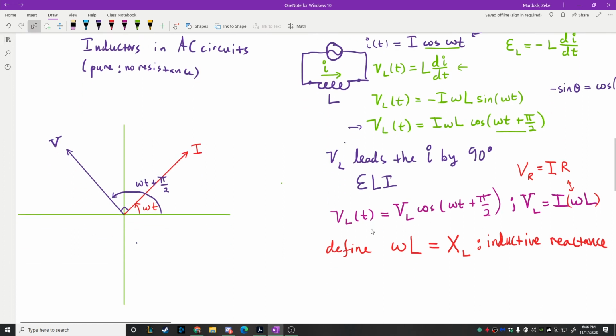This is something really important to remember. This is our first equation that we're getting at. This is something that's new here. Inductive reactance is defined as omega times L. And so the big thing to take away from this now is that VL, the voltage across our inductor, is going to be equal to, and this is the maximum voltage across the inductor, the current multiplied by XL.